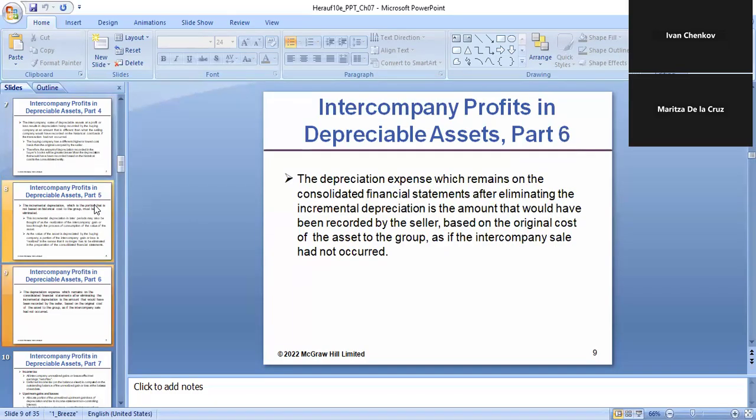The depreciation expense which will remain on the consolidated financial statement after eliminating the incremental depreciation is the amount that would have been recorded by the seller based on the original cost. So basically, the depreciation expense is not going to be based on the $50,000 new purchase price from the parent. It's going to be based on the $10,000 original purchase price from the third party, from the subsidiary.